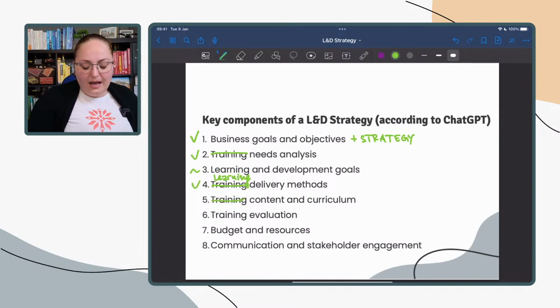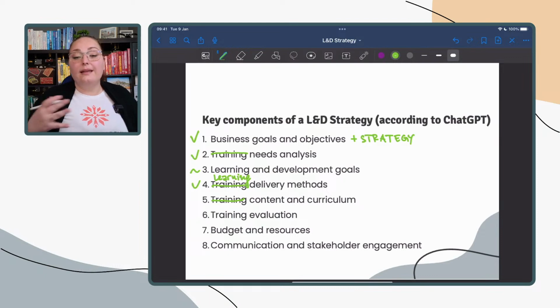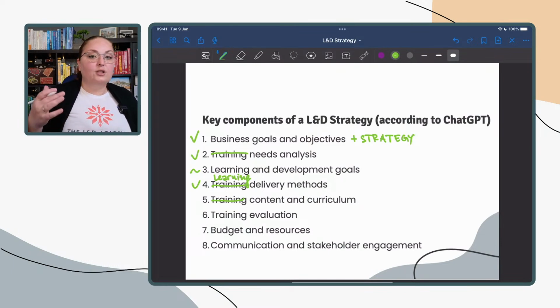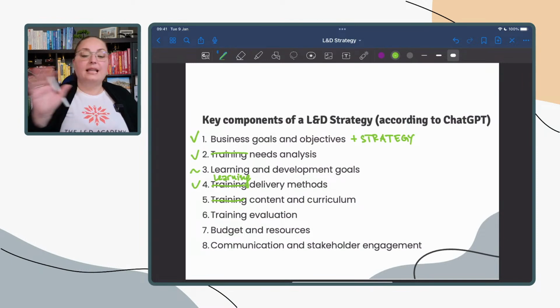Same thing here. Again, content and curriculum, how granular should you go in your strategy? If you're saying I need to design or deliver a leadership development program for our leadership population or part of our leadership population, and I want to focus on this and that topic, yes, that's perfectly fine.